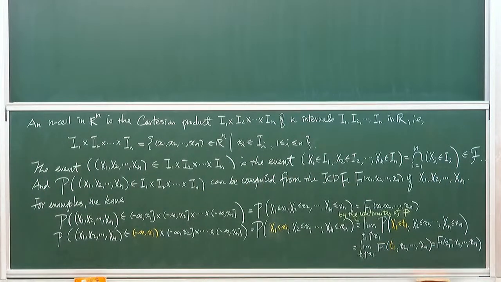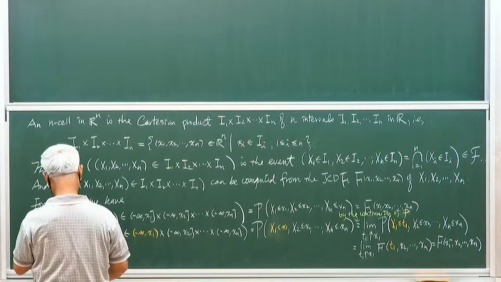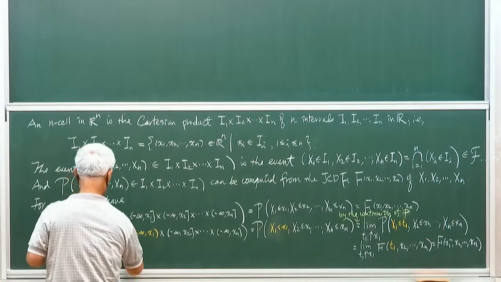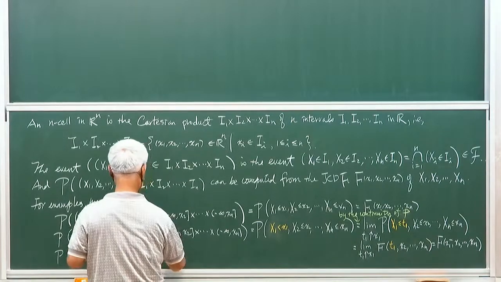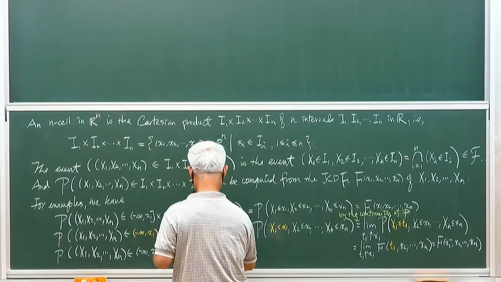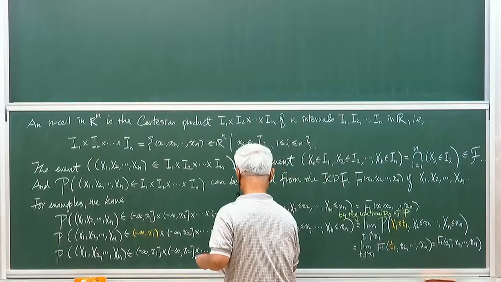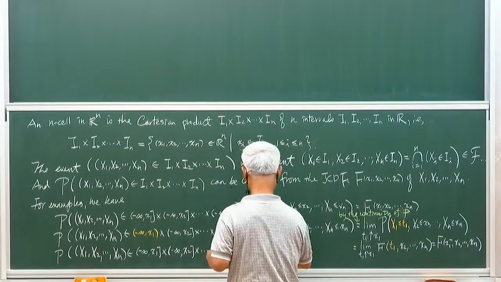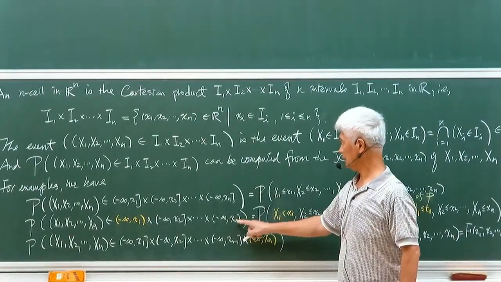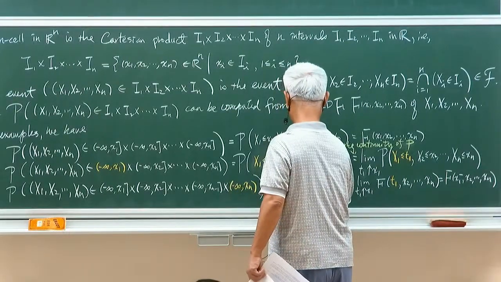And furthermore, if we change the last interval from the closed interval to the open interval here, this is actually equal to F(x1, x2, up to x(n-1), xn minus).